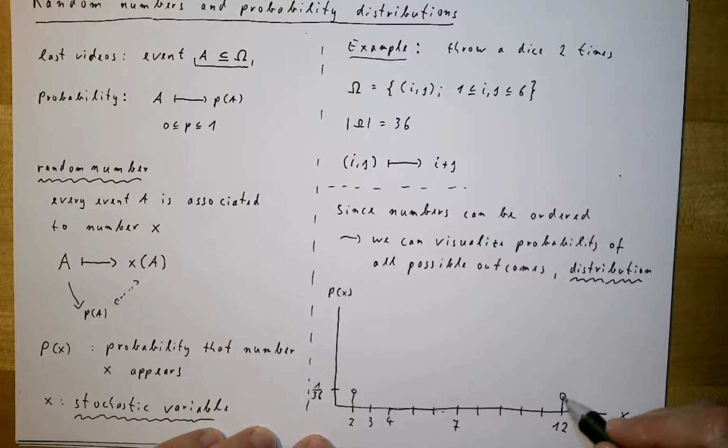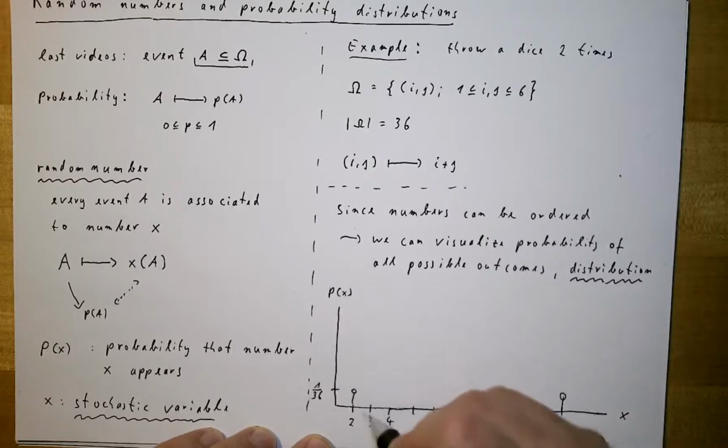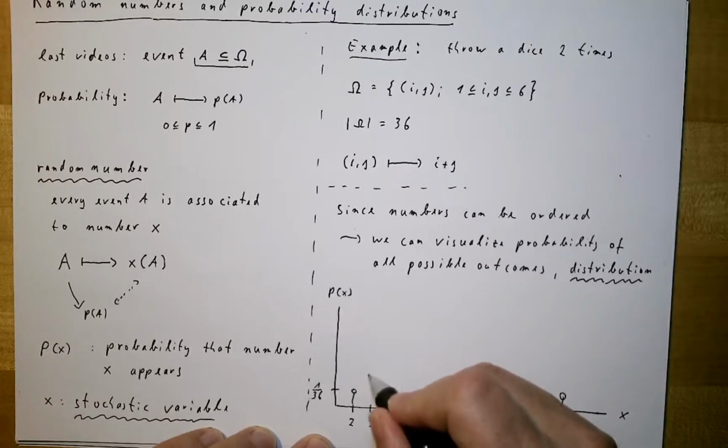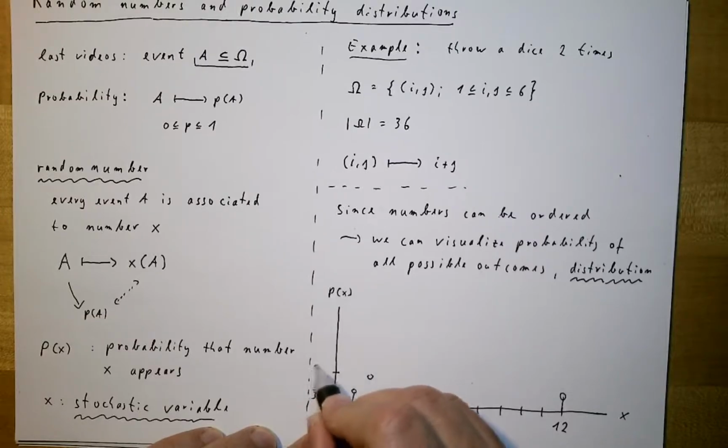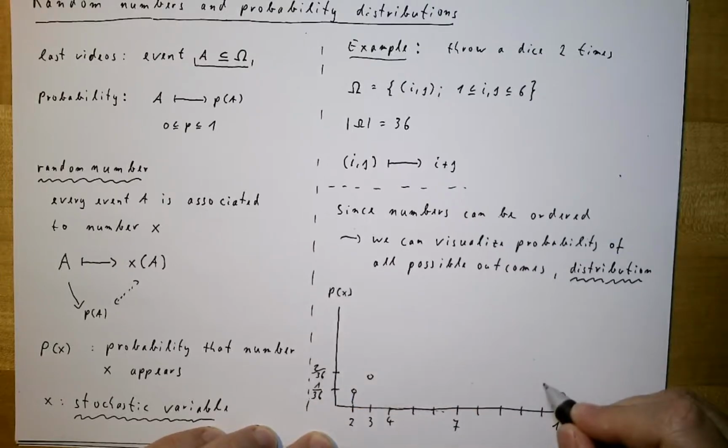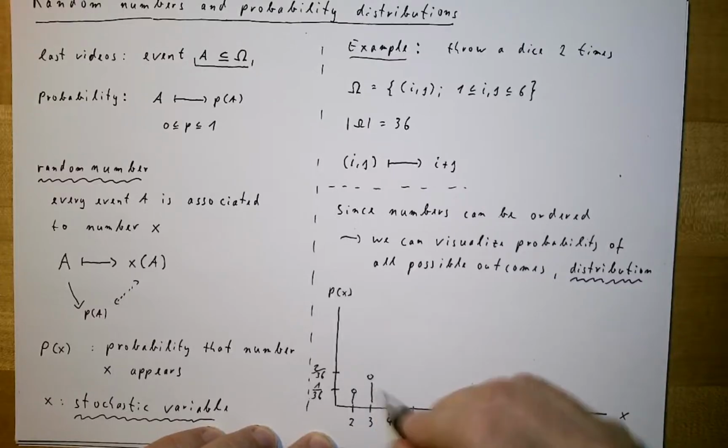Again, there's only one possibility, so 1 over 36 is the probability. Now the probability to have 3: we can have 3 if the first dice is 1 and the second is 2, or the first is 2 and the second is 1. So here the probability is 2 over 36. Similar here also for 11, and so on and so forth.